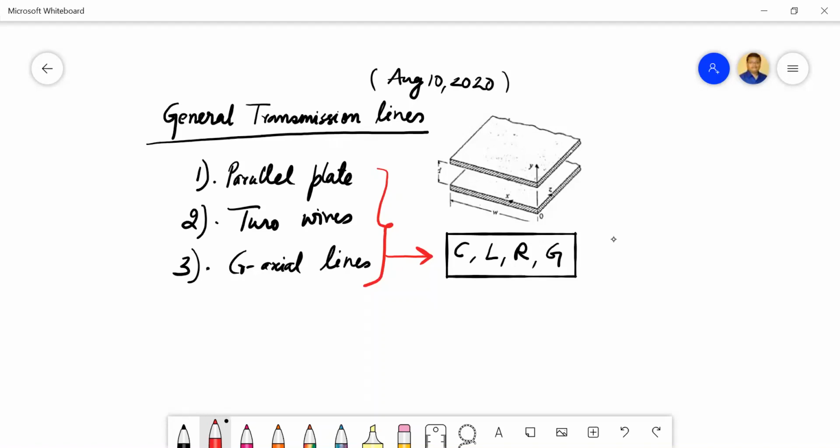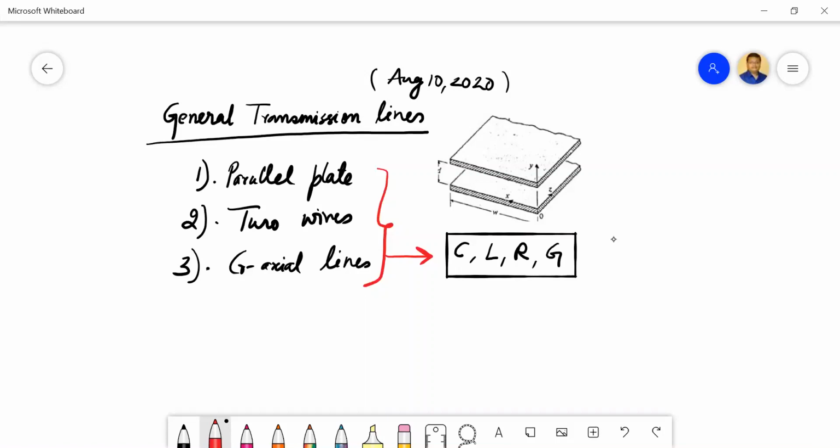Correct? Now if you see these transmission lines, there is a common thing: there are two-wire systems or parallel plate systems. Correct? And we can express the transmission line parameters in terms of the lumped parameters. Correct?